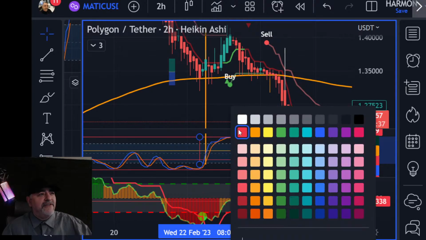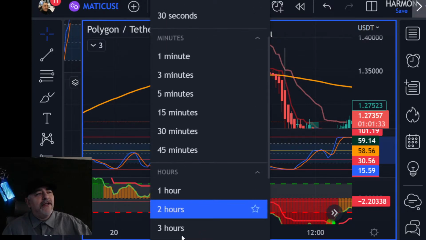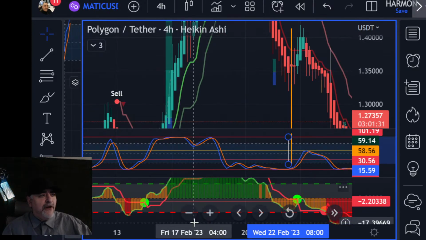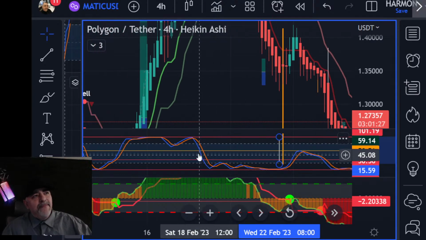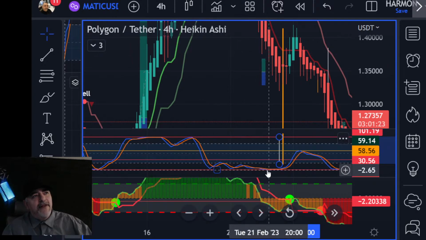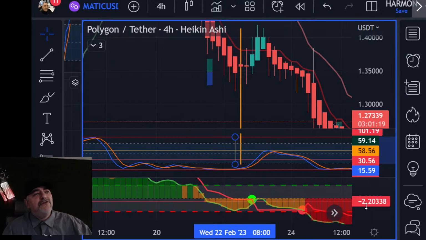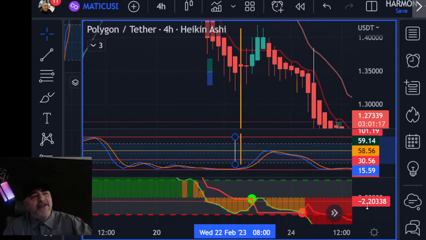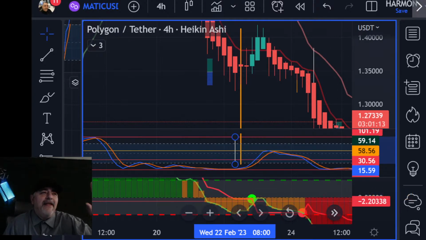I'm gonna change this into a white color because I wanna go back and see how clear I can make a judgment call here. All right, so let's take a look. Once we have this entire level and you see the 4 hour level out like that, what I'm looking for is what would trigger me to start thinking that I can get into a trade a little bit earlier, or if this is a position that's going to move.